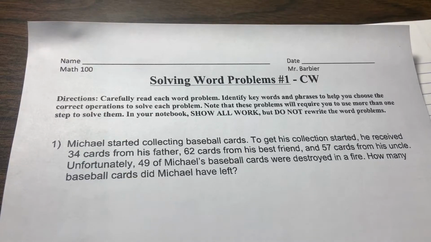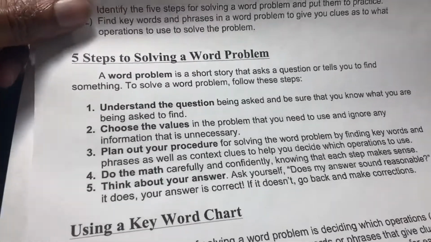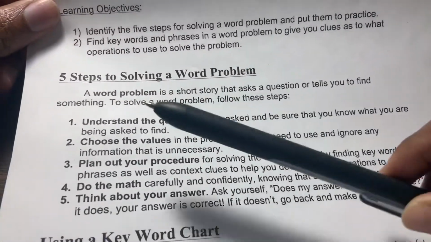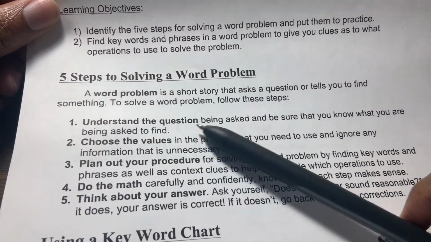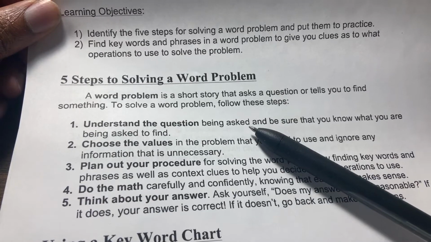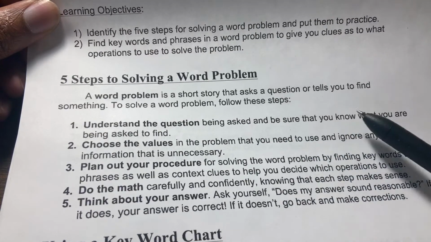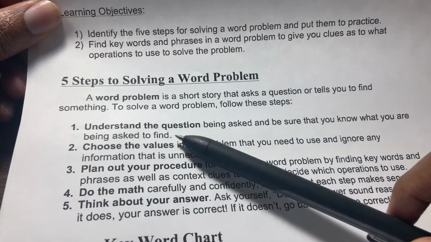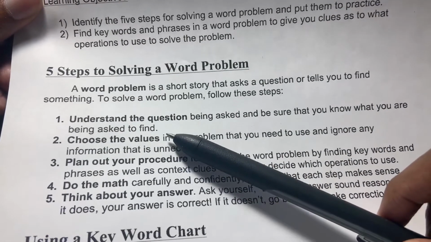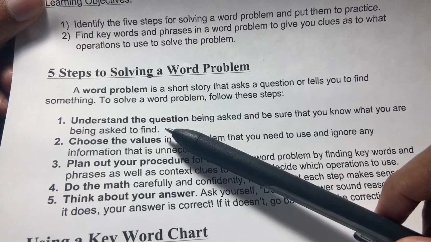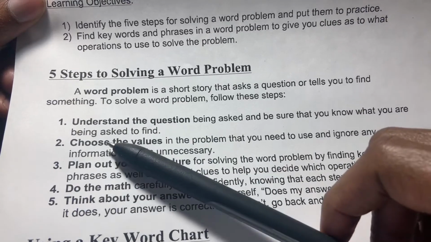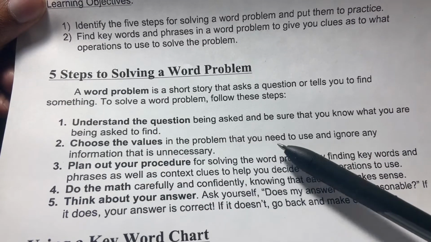So ladies and gentlemen, you see what you're doing? Let's look back at these 5 steps again. Did we understand the question being asked? Yes, we did. And are we sure that we know what we are being asked to find? Yes, we want to know how many cards Michael has left, right? Choose the values in the problem that we need to use.